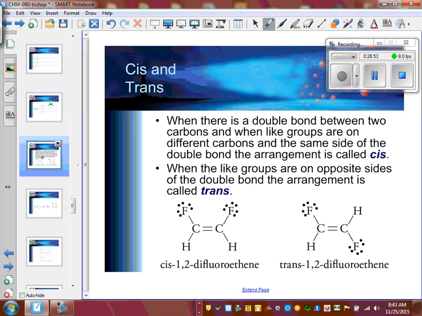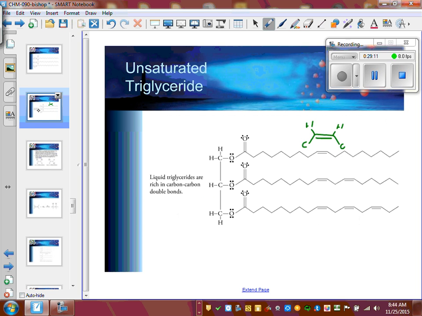You cannot twist that carbon-carbon double bond. If they're both on the same side, they're called cis. If they're on opposite sides, they're called trans. So if we go back and look here, these are all cis because the hydrogens are on the same side. Okay. So natural oils are all cis.